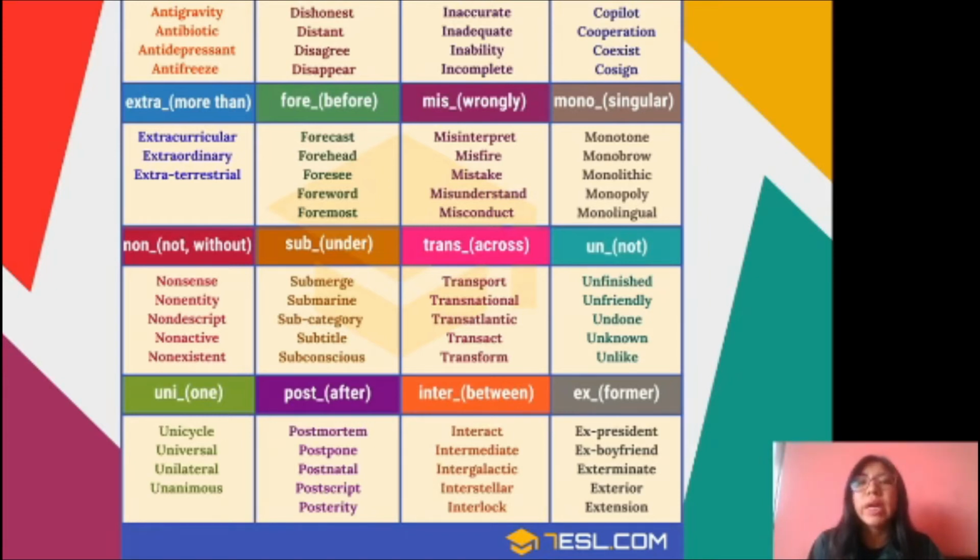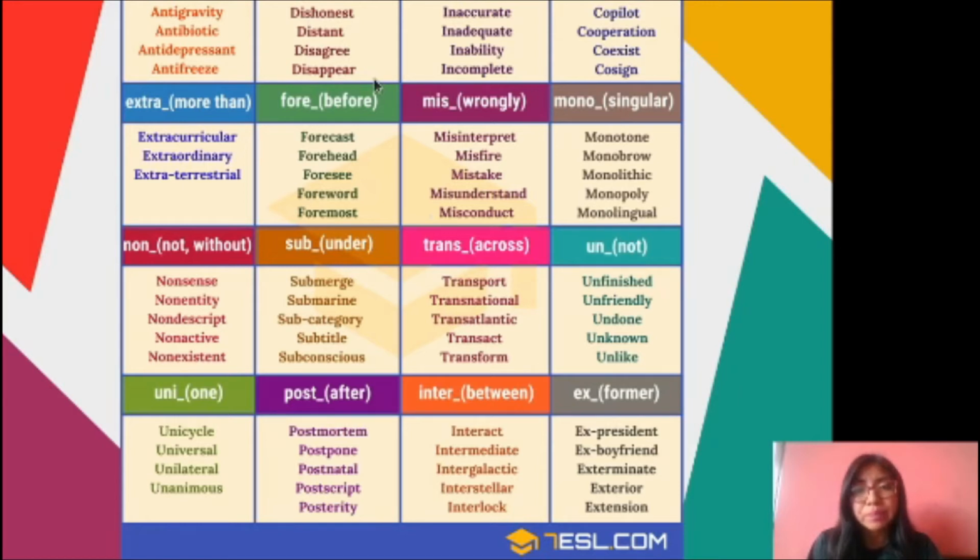You have to memorize, and you can learn using the dictionary. That is the most useful tool that you are going to use in order to learn prefixes, okay? Como les decía antes, no hay ninguna regla que nos especifique qué prefijo vamos a utilizar con una palabra.